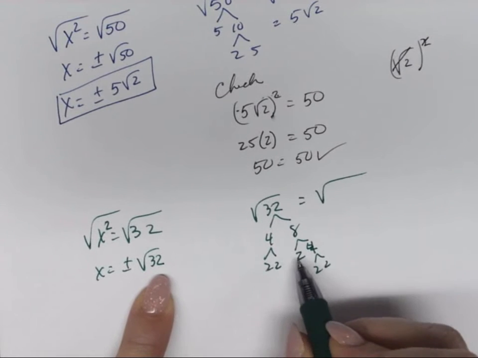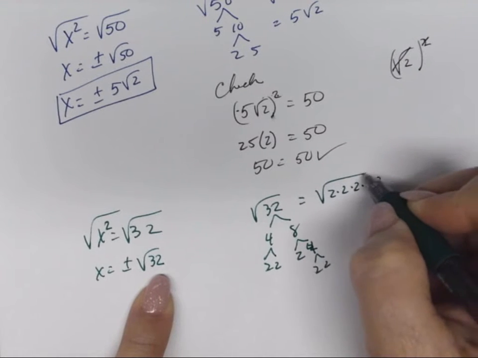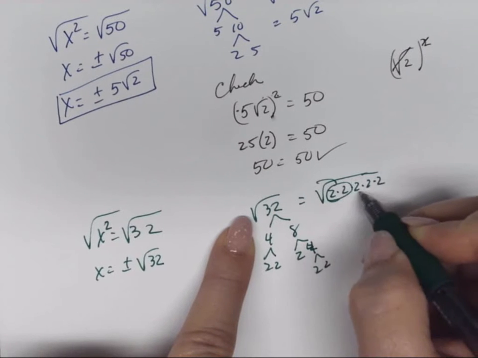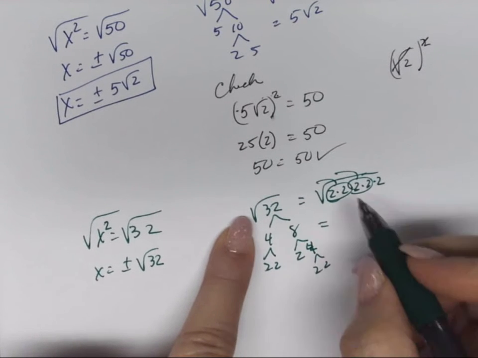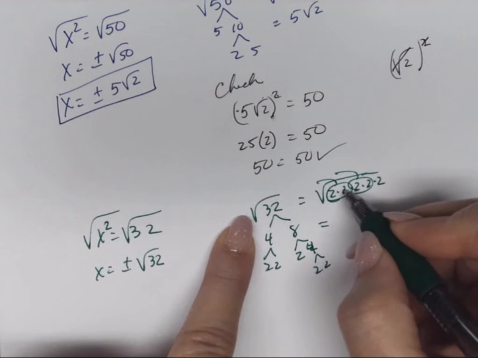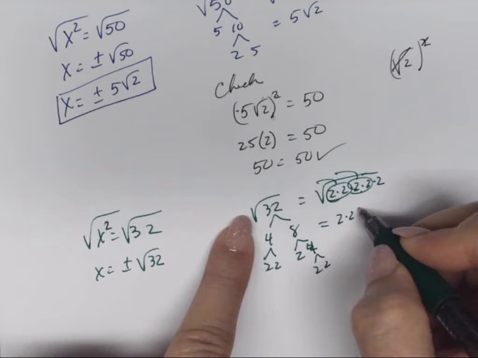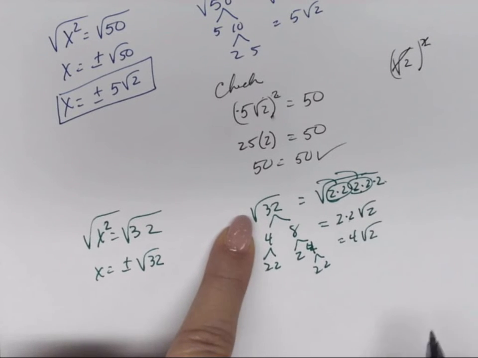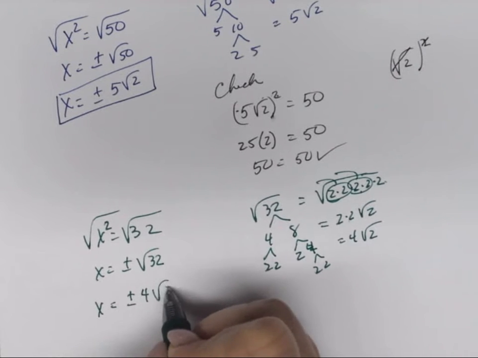So we end up with 1, 2, 3, 4, 5 2's underneath our radical. We're looking for groups of 2 because we're doing a square root. So 1 group, 2 groups. So 2 of a kind. It doesn't have to be a 2, it just has to be 2 of the same. So we end up with 2 times 2, square root of 2. That 2 times 2 is equal to 4 square roots of 2. Anything you pull out, you're multiplying. So now we bring it back over, and we have plus or minus 4 square roots of 2.